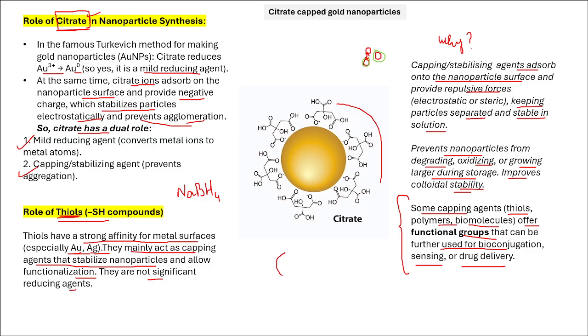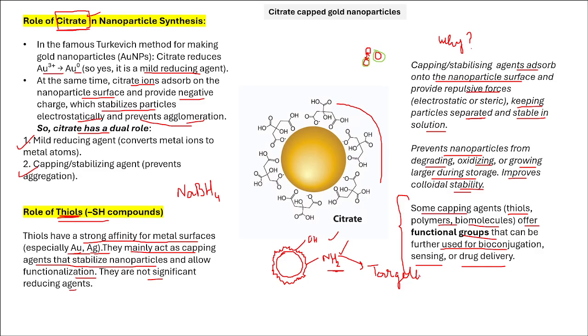Suppose this is your gold nanoparticle, and whatever capping agent you have used to stabilize it has some functional groups on it. It could have OH, or if there is some protein or amino acid, there could be NH2. Now, the presence of these functional groups opens avenues for further bioconjugation. You can utilize these functional groups and add some targeting moieties on it.